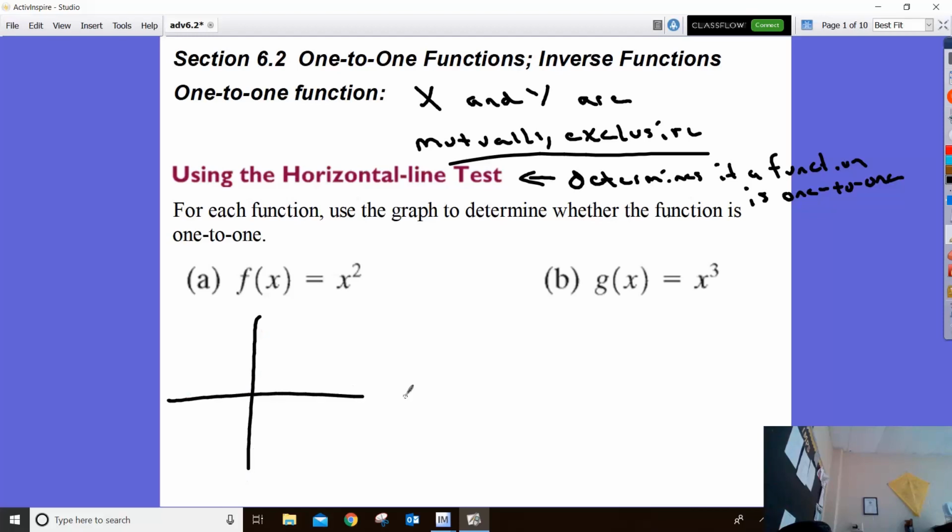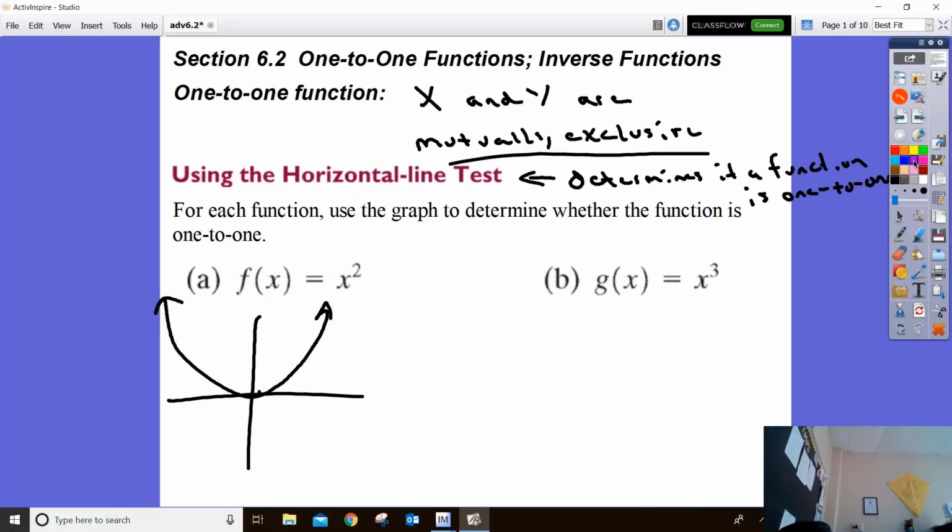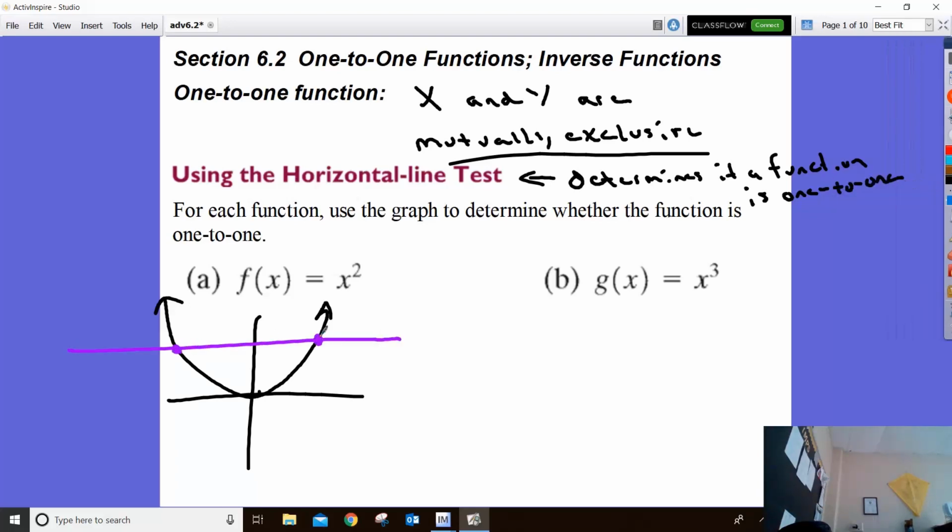What's the graph of x squared look like? U. Where's its center? 0, 0. It's at the origin. It's the parabola. A horizontal line intersects twice.